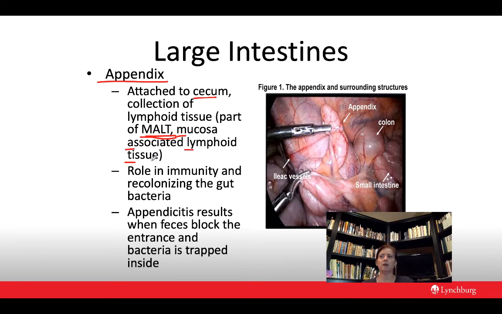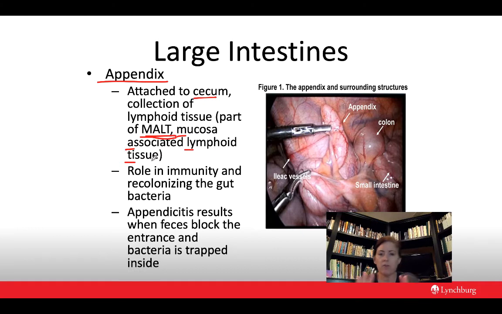We see these collections of lymphoid tissues all through the digestive tract, and this is just one example. The appendix plays a role in immunity, and it also helps to recolonize the bacteria that is naturally present in your gut.